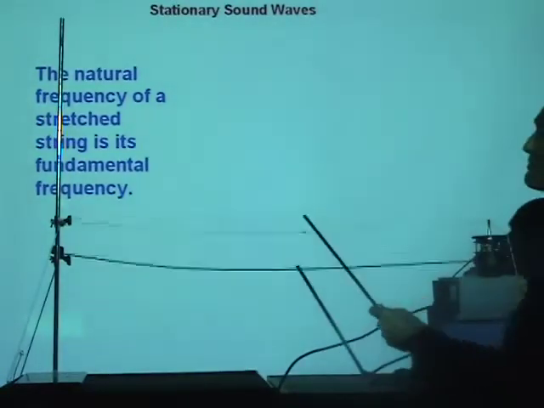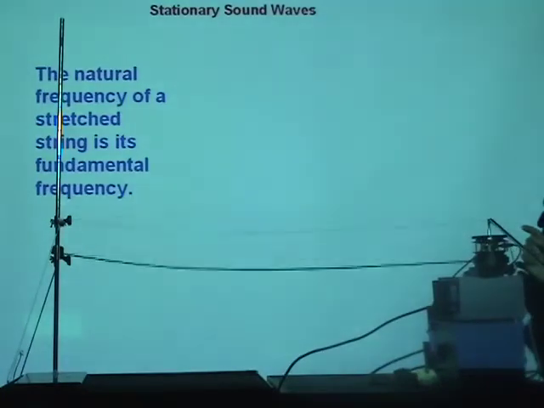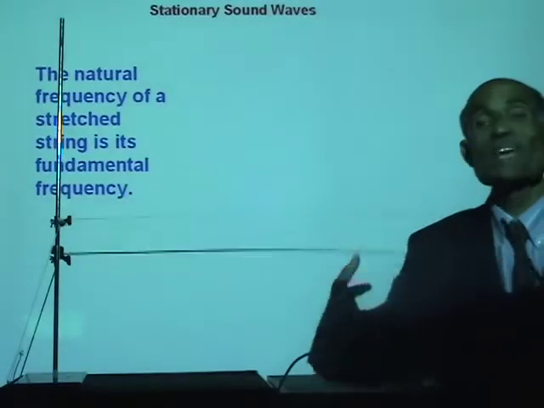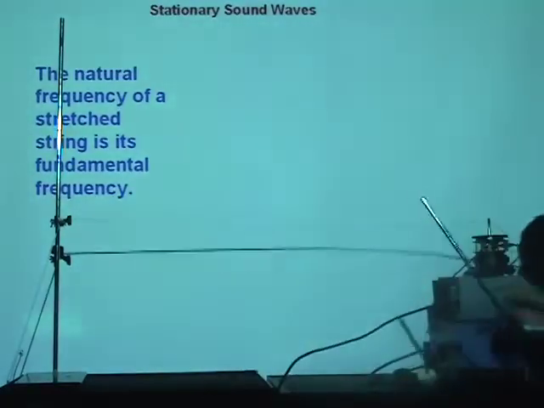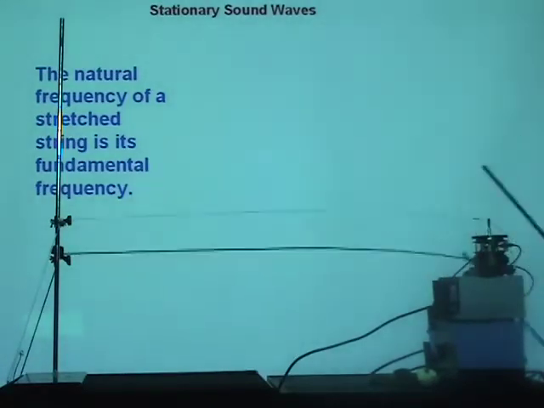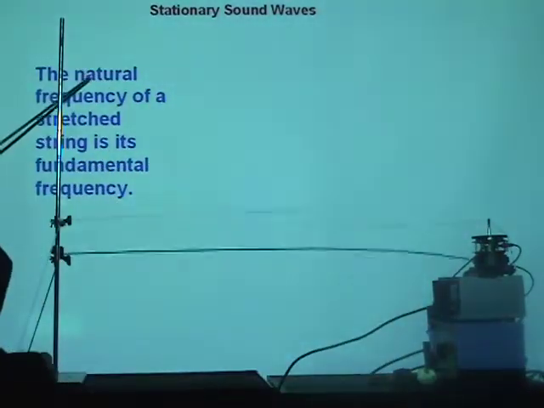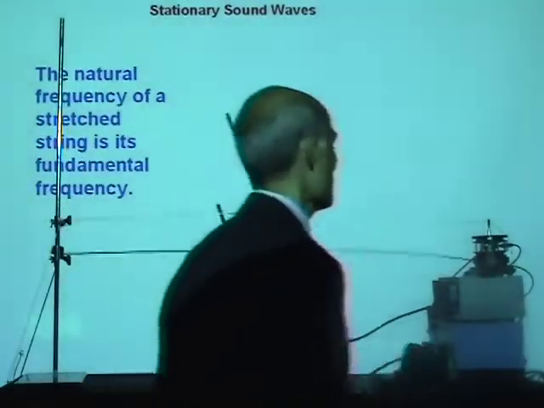That means if the string resonates with 10 Hertz of the external force, it will resonate with 20, it will resonate with 30, it will resonate with 40, and so on. So this, you know, is the fundamental mode of vibration. So the natural frequency of a stretched string is its fundamental frequency.